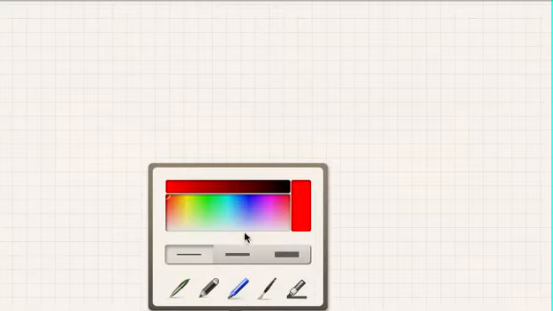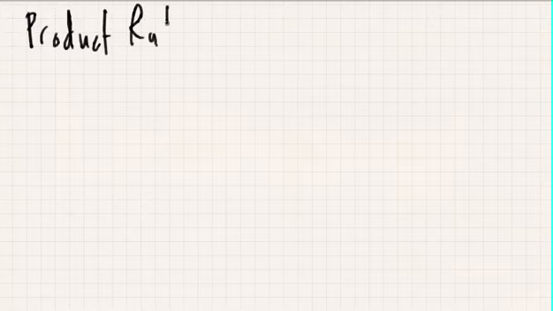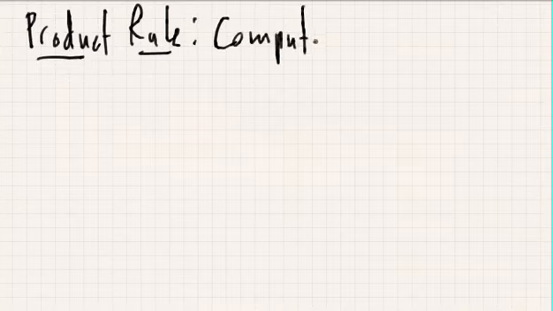All right, now the next thing I'd like to talk about is called the product rule. It's a way of computing the probability of an intersection.